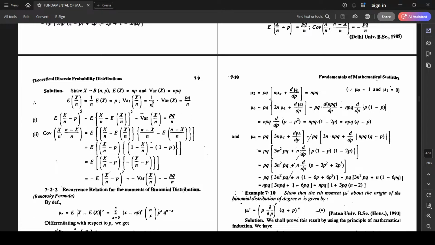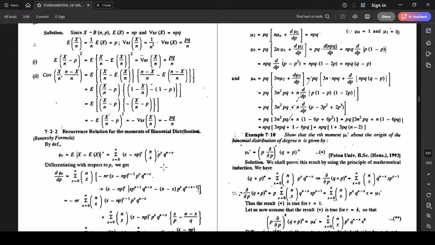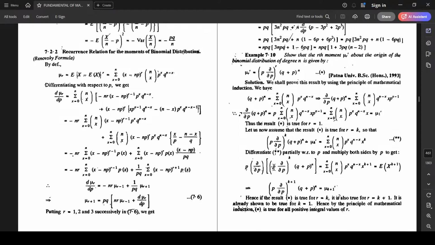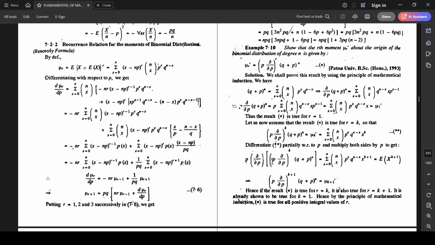So n square variance of x results into variance of x upon n, that is pq by n, so minus of pq by n. These are recurrence relations. This is 7.10.